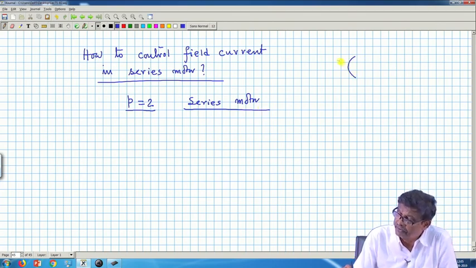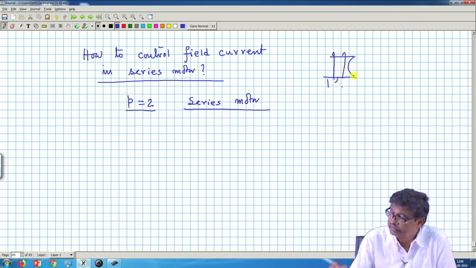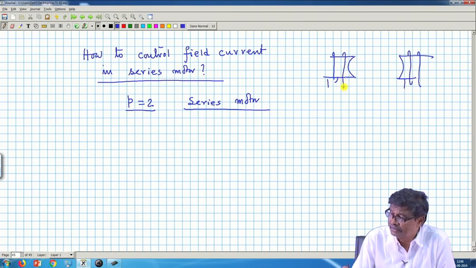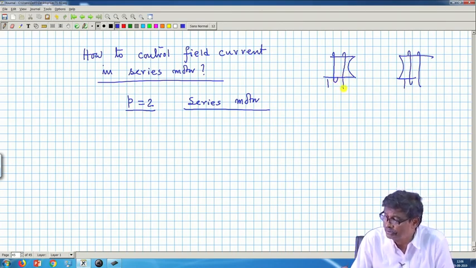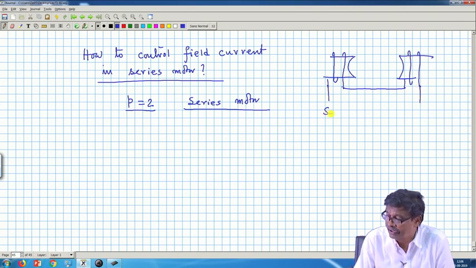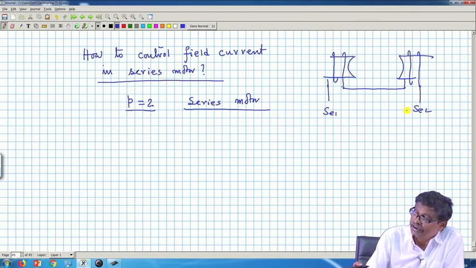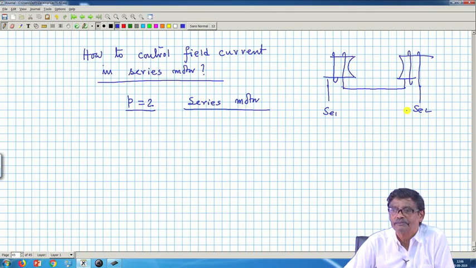On each pole face, this is one pole face, this is other pole face, identical number of turns are there, and these two are, I have told you, connected in series, and this is your AC1 and AC2. That is what I introduced to you, the field coils. So, I see there are two separate field coils.